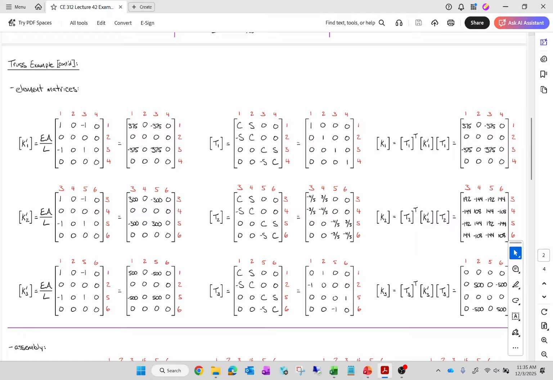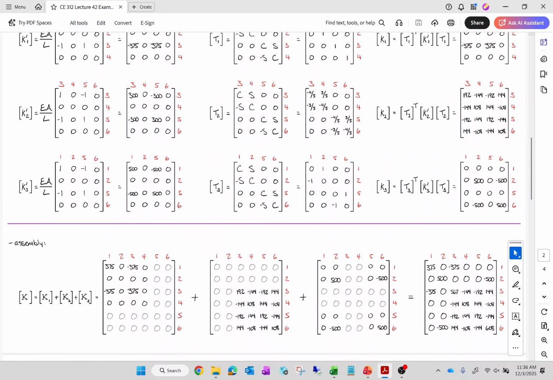But element number 1's already going left and right, right? Think, what does the x-axis look like for the structure as a whole? It starts here, goes that way. Here's element number 1, lower number node to higher number node. It goes this way. So there is no difference between the local stiffness matrix and the global stiffness matrix for element number 1 because the coordinate systems are parallel. Okay? Does that make sense? Everybody okay with that?